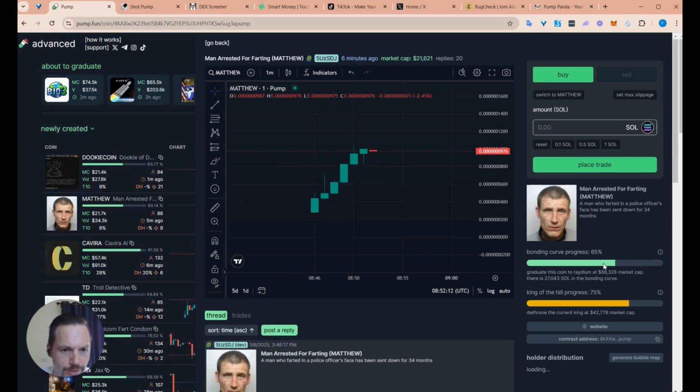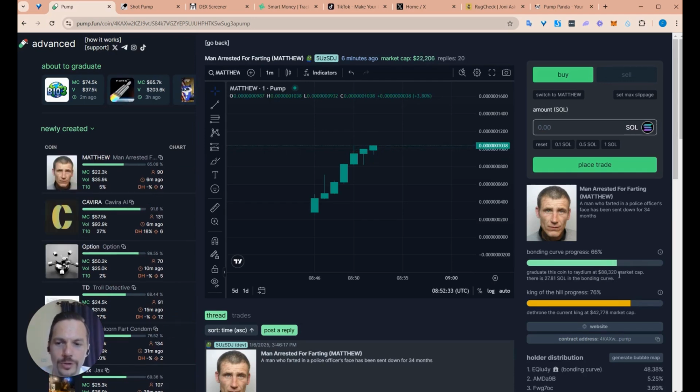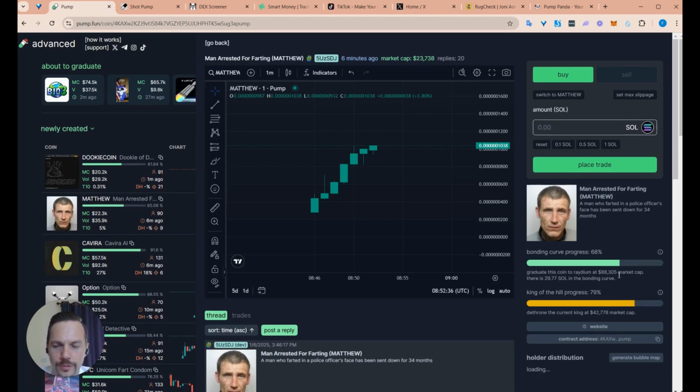Here's the bonding curve progress, 65%. What is this? So with Pump.fun, these coins are launched, and when these coins reach a certain market capitalization, it's usually a little more than 88,000 dollars, the Pump.fun platform creates a liquidity pool on Raydium, where the coin can then be traded.